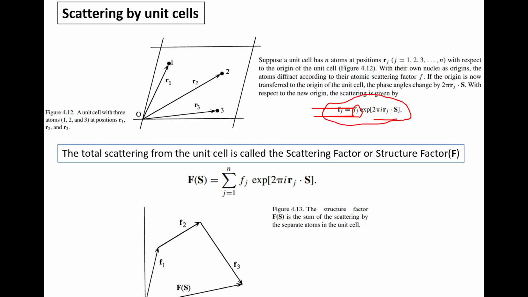Now this is for a single system of atoms, right? If you take all of them together and add them, then you will get your structure factor. If you add all the atoms, meaning the total scattering from the unit cell, and sum it, you will get your structure factor.